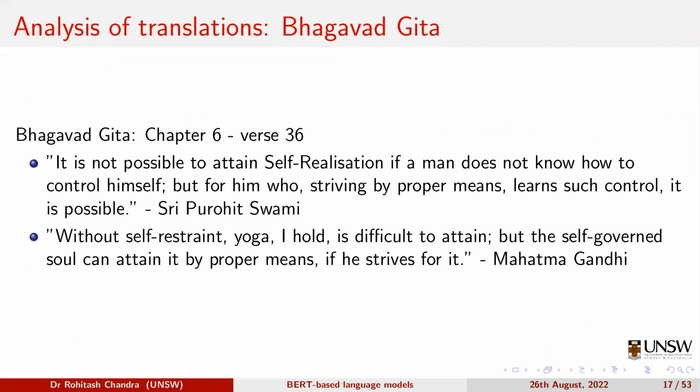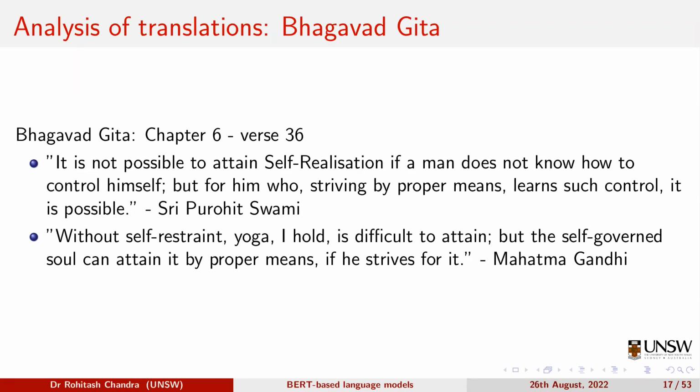Our goal is to compare the different translations verse by verse and use semantic and sentiment analysis in the comparison. That is the first project that we did in this area. And there are more examples. It is not possible to attain self-realization if a man does not know how to control himself, but for him who, striving by proper means, learns such control, it is possible.